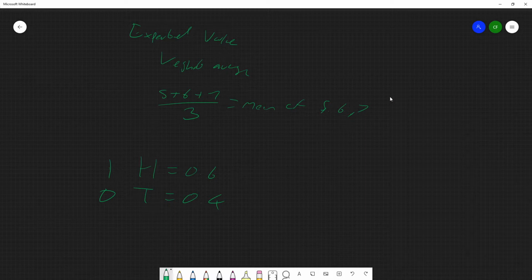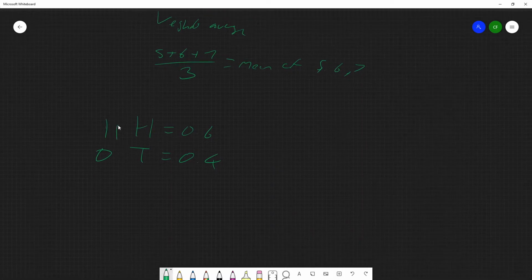So in this case, what you would do is, okay, these are the probabilities rather. So what you do is you take out the total value. Say for heads, we do 1 times its weighting, which is its probability, 0.6, plus the 0 times 0.4.